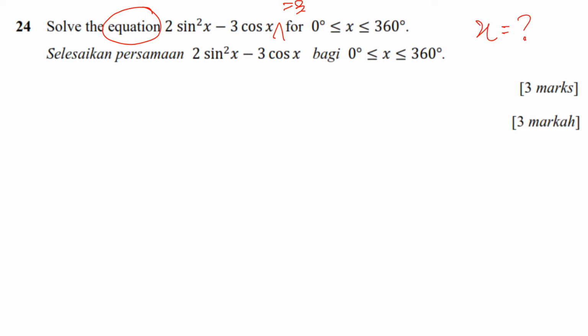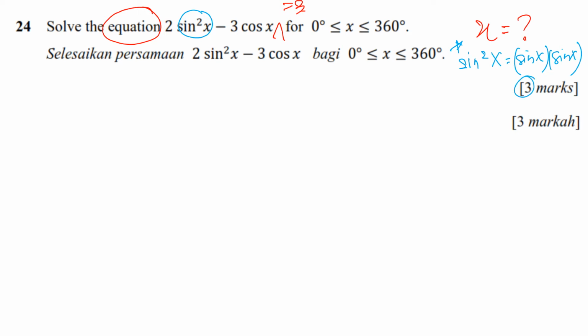Sine squared x means sine x multiplied with sine x. Highlight this one and make sure that you don't make a mistake here. This question is 3 marks.